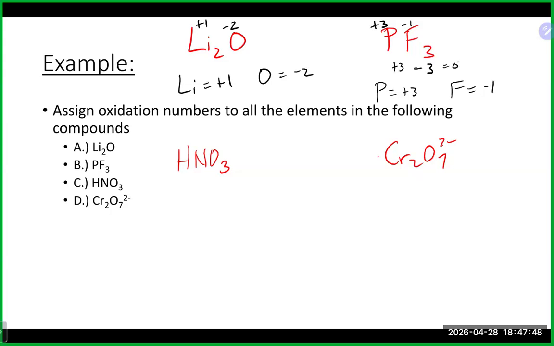Again, that equals 0. Now, you may think, isn't phosphorus -3? And it is in an ionic compound, but this is not an ionic compound. Our phosphorus is hooked up with 3 fluorines, and as we know, fluorine is the most electronegative atom you could have.